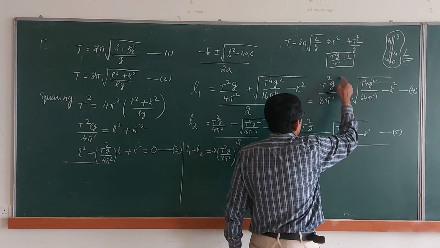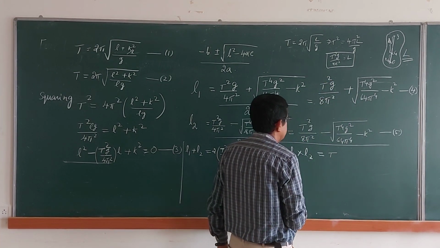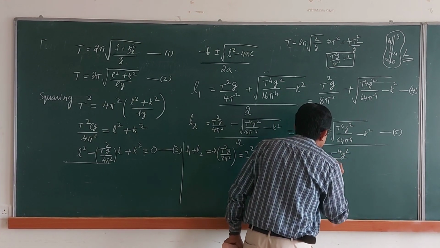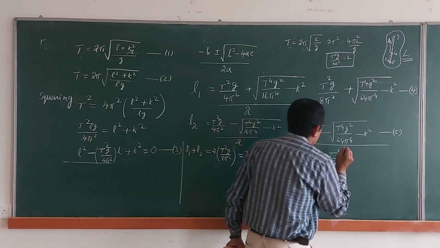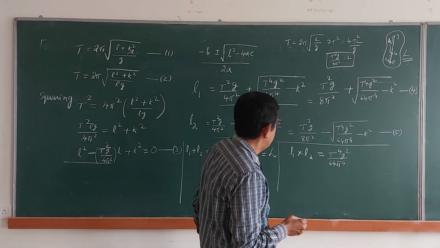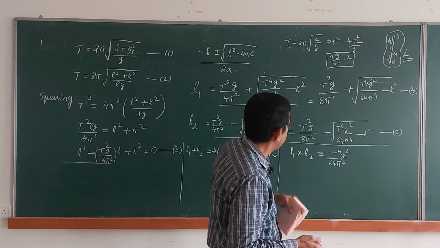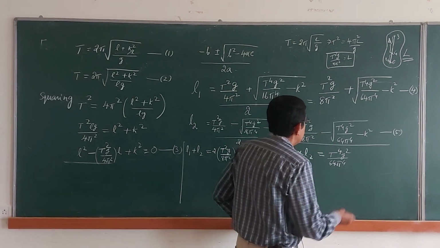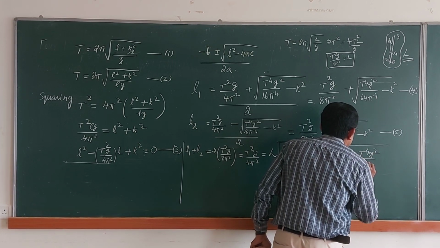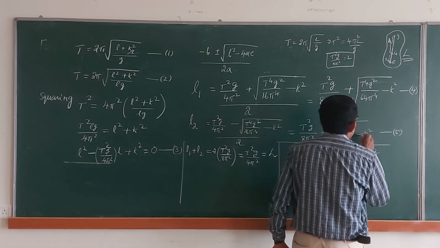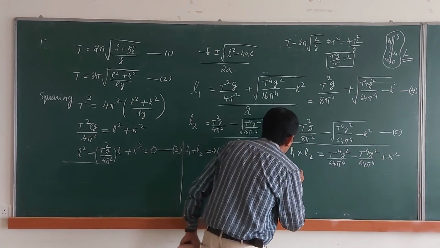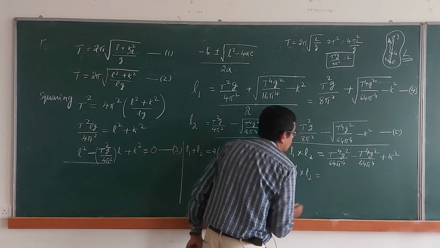That means you square A, so the first term becomes T to the power 4 G square divided by 64 pi to the power 4, minus B square. This now becomes minus T to the power 4 G square by 64 pi to the power 4. This is minus minus, therefore this simply becomes plus. Therefore this term cancels, or simply L1 into L2 is equal to how much?